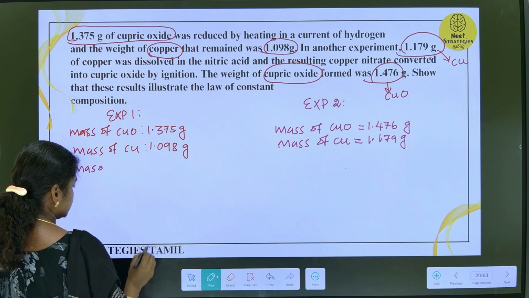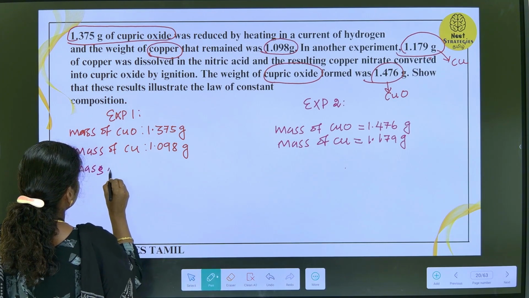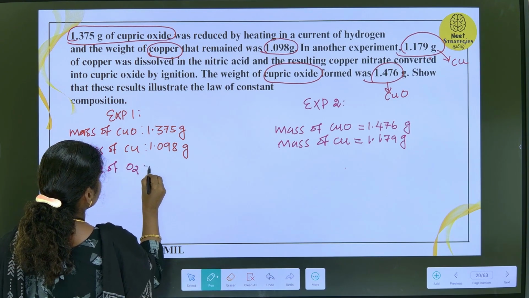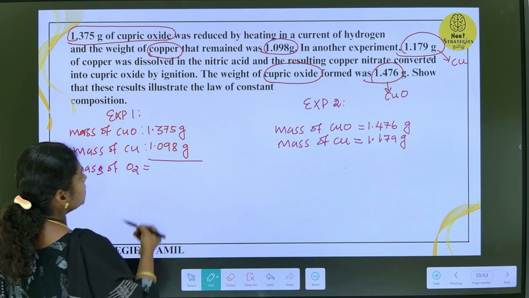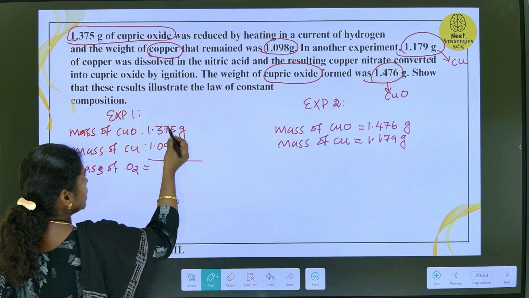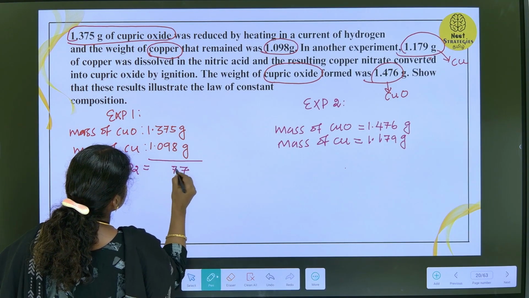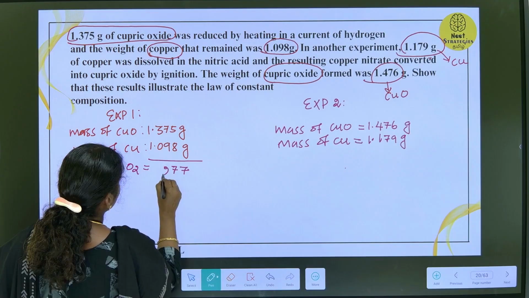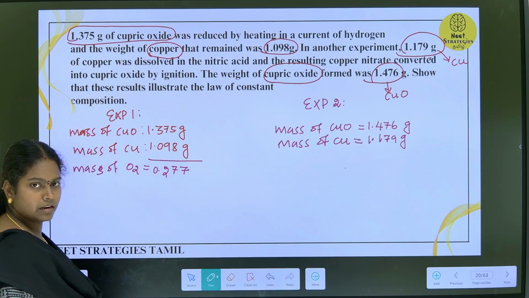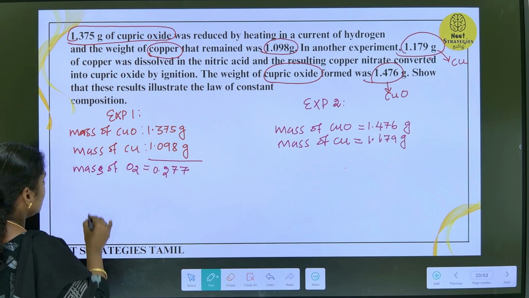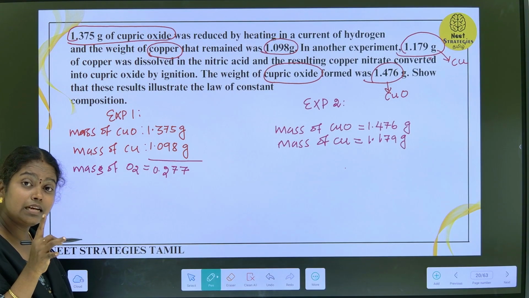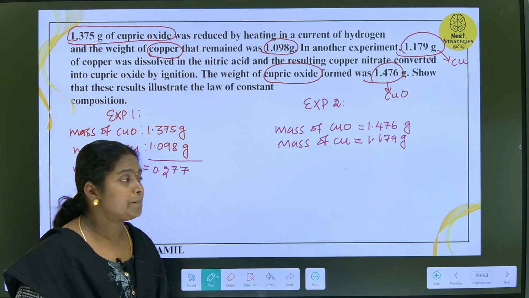Mass of oxygen எவ்வளவு வருது பாருங்க. அப்ப காப்பர் ஆக்சைடுல இருந்து காப்பரை மட்டும் செப்பரேட் பண்ணோம்னா mass of oxygen கிடைச்சிரும் இல்லையா, ஓகே. 0.277 gram, ஓகேங்களா, mass of oxygen. அப்ப இந்த கேஸ்ல percentage of oxygen work out பண்ணுங்க.